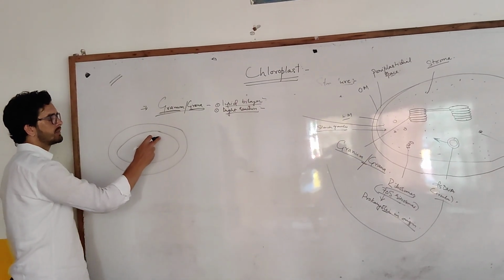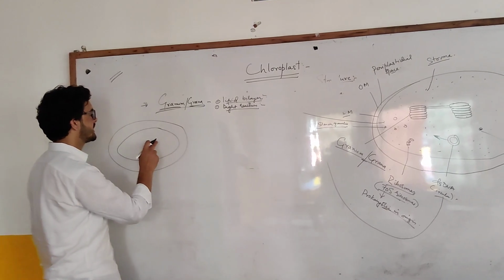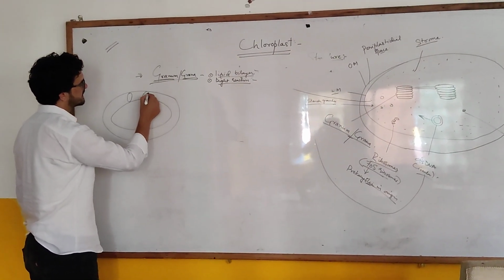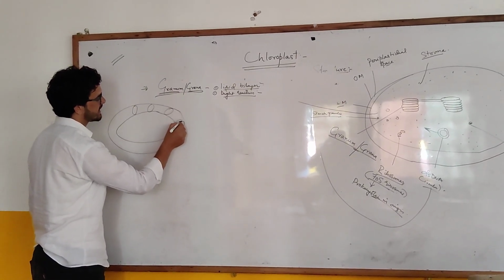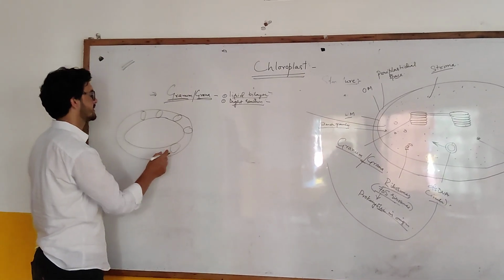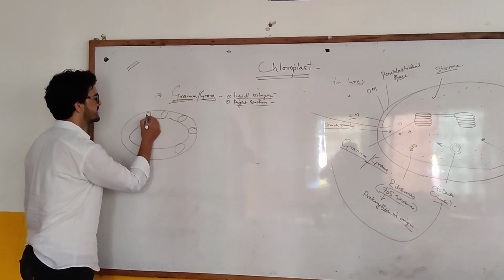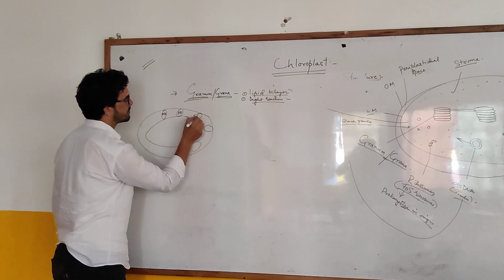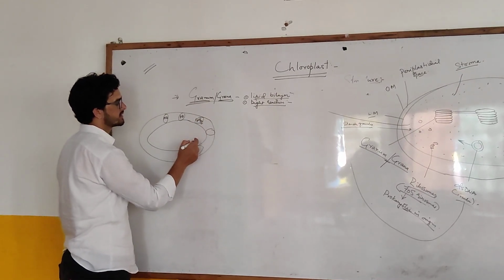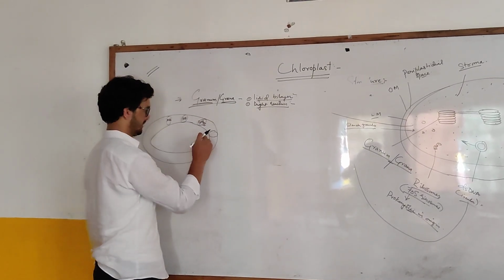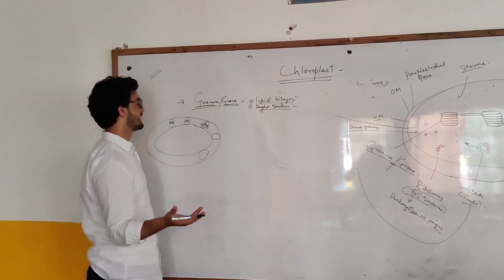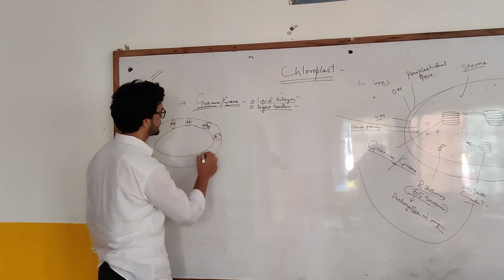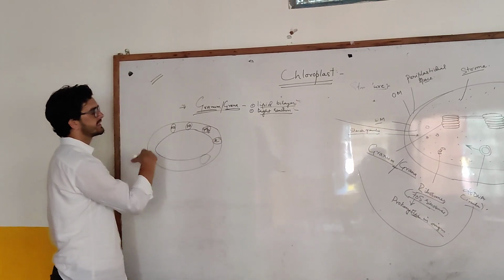Light reaction of photosynthesis occurs in the granum portion. There are various proteins present in its membranes, like photosystem two, photosystem one, plastoquinone, cytochrome b6f complex. We will study this in detail in the photosynthesis topic, like plastocyanin.